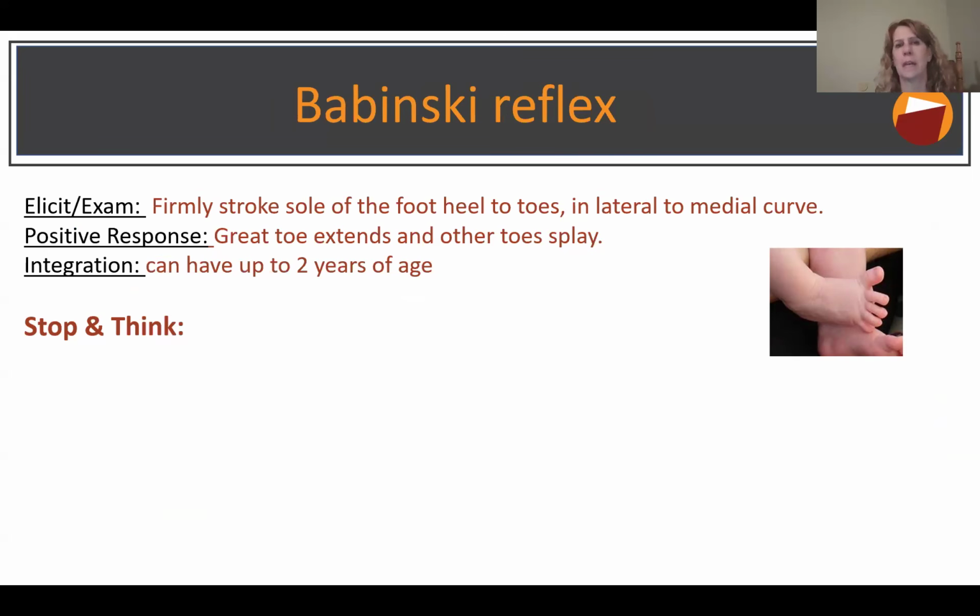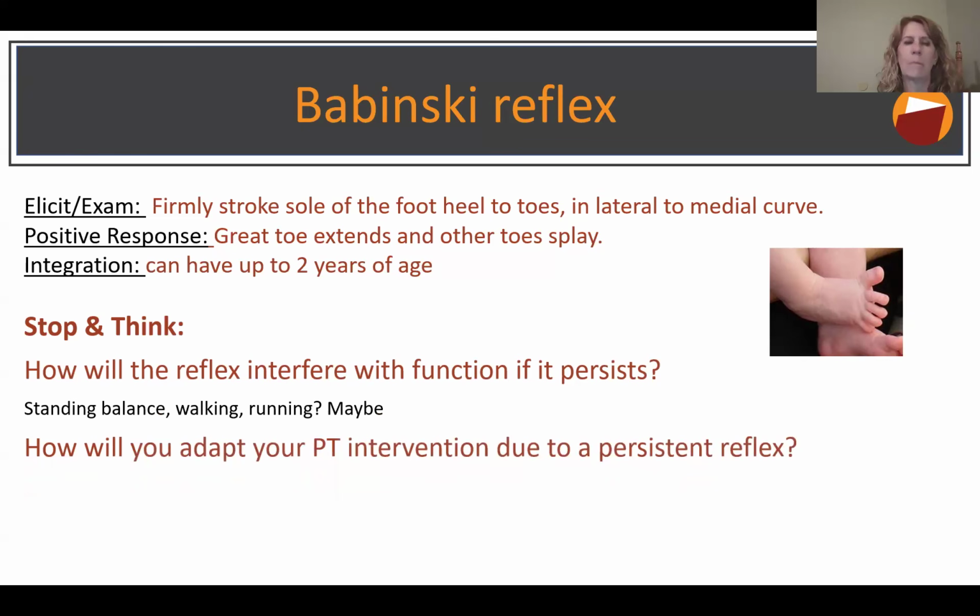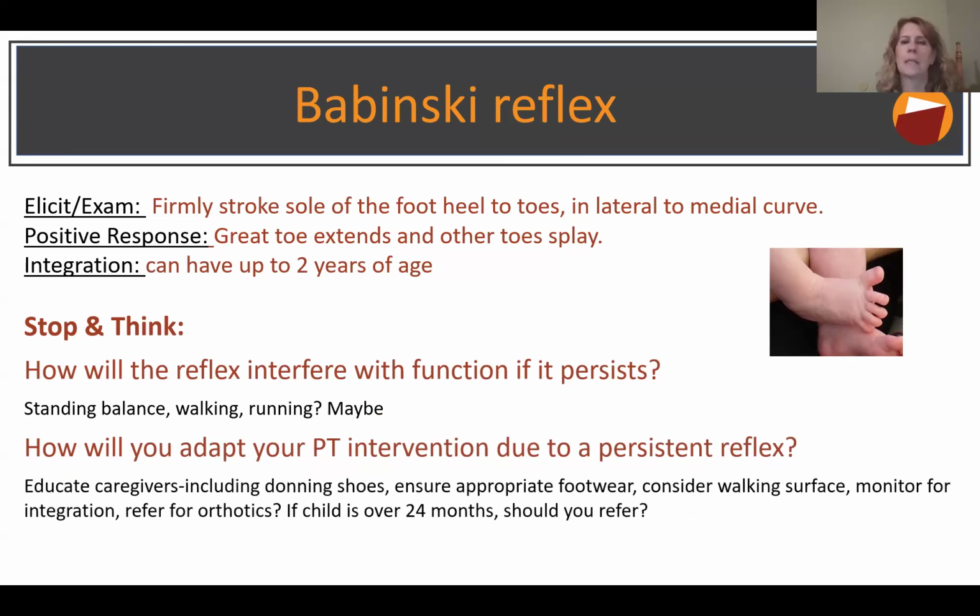So we expect to see it until they get over 2. But it could interfere again with some things. Typically not so much. They're going to have shoes on, and the splaying of the toes doesn't really affect it too much. But it could. So that's why I have maybe. And again, it's the same stuff as what we were talking about with the plantar grasp.